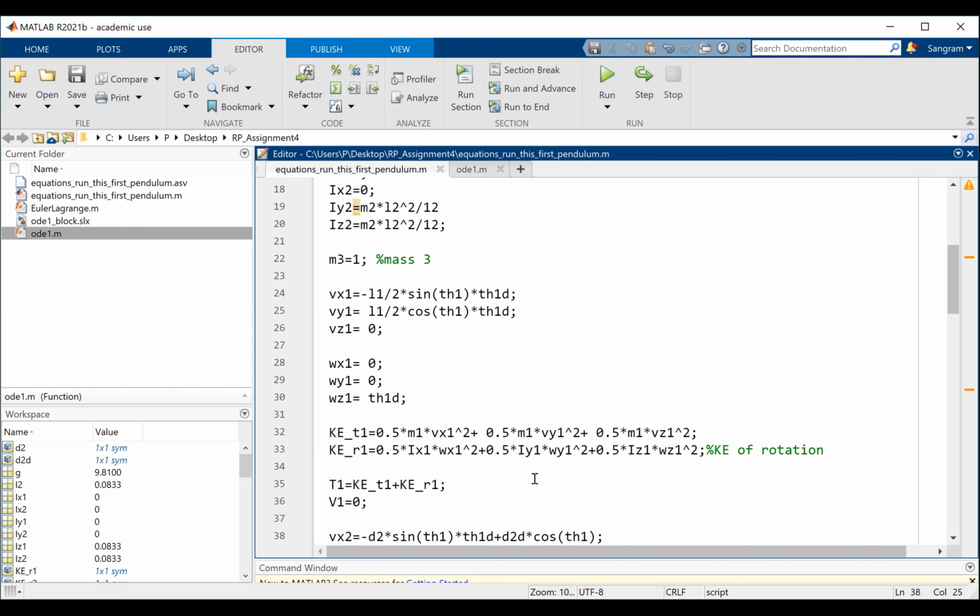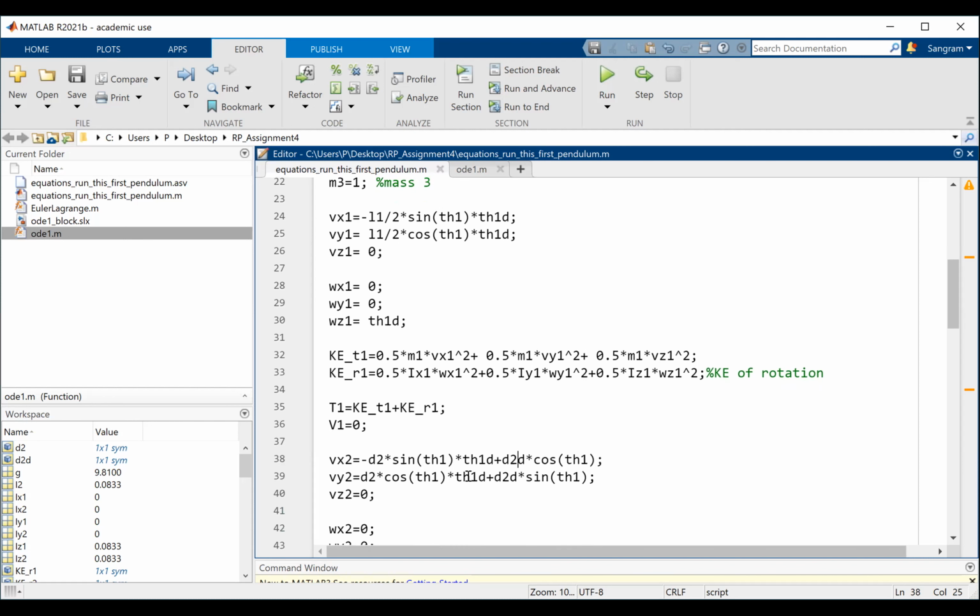Okay, so Vx2 comes from that expression: d2 sine theta 1 dot, d2 dot cosine theta 1. So that is the expression for Vx2, and that is this equation.